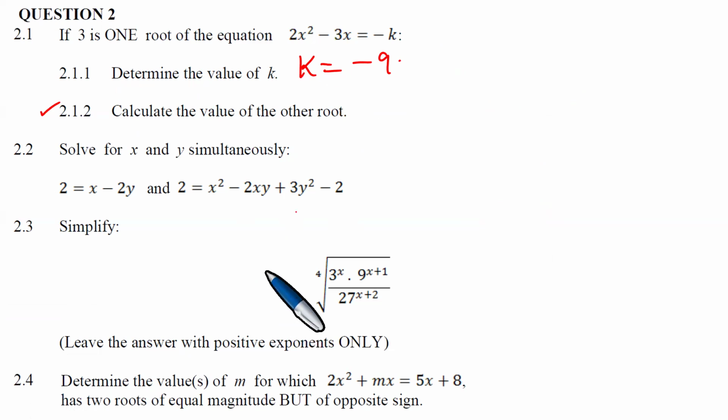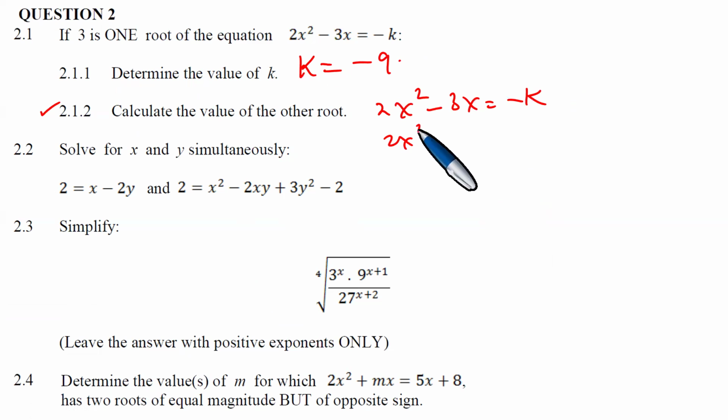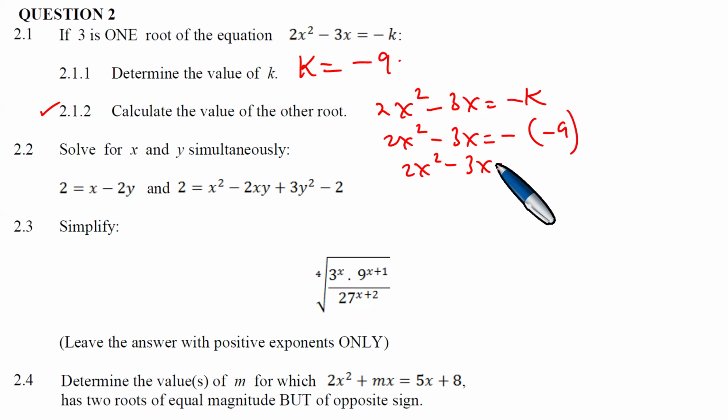Once you get k equals -9, you plug it into the equation. So you're going to have 2x squared minus 3x equals minus k. So you have a -9, getting 2x squared minus 3x equals +9.